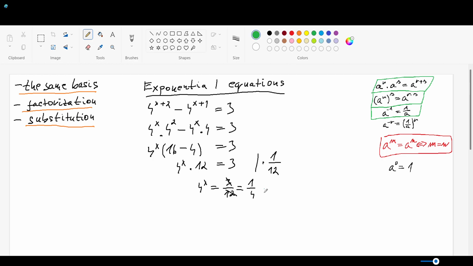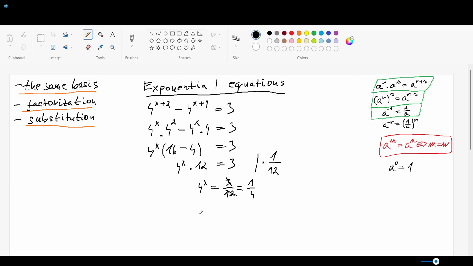In this case, we will use our third equation or third formula, which says if you see something like 1 over a, then you can rewrite this as a to the power of negative 1.